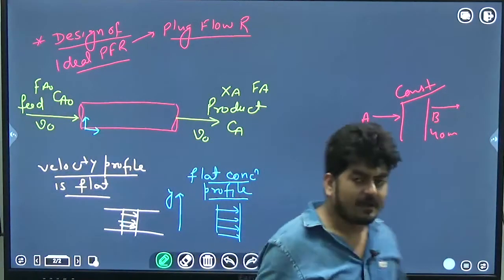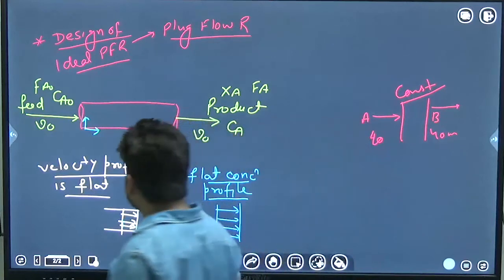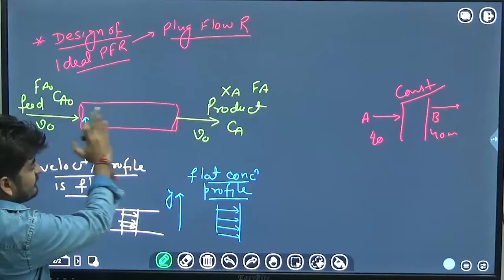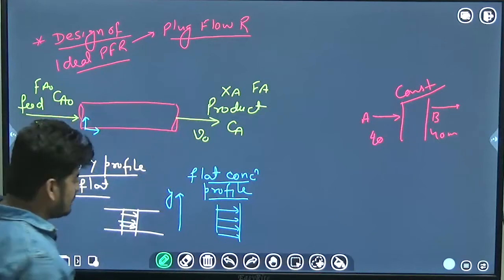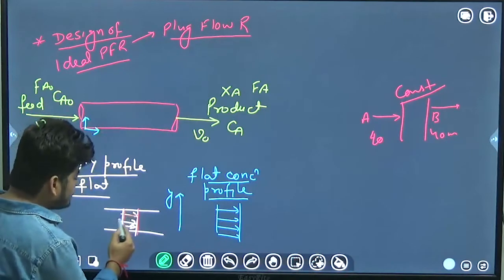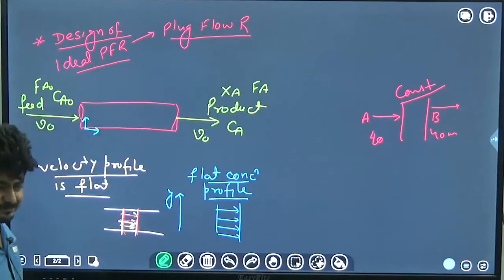Okay. So here, guys, to understand, as all molecules are moving with the same velocity, a flat velocity profile is there, all molecules are moving with the same velocity.